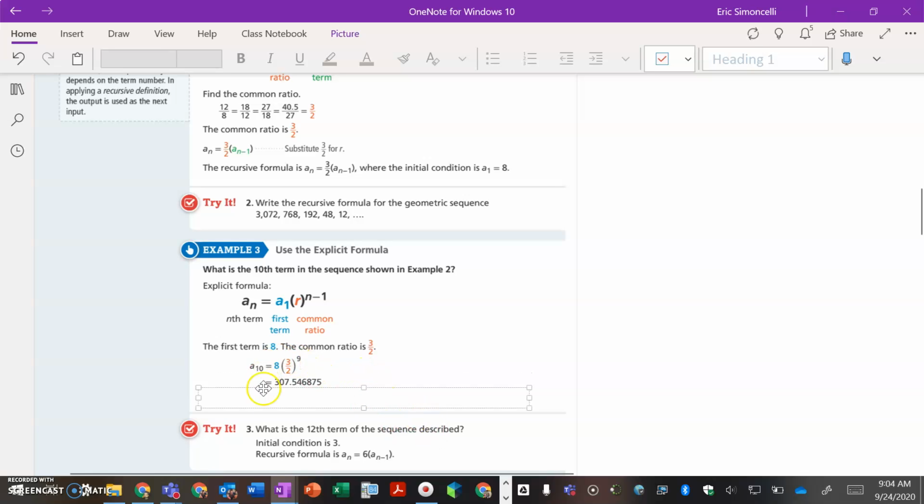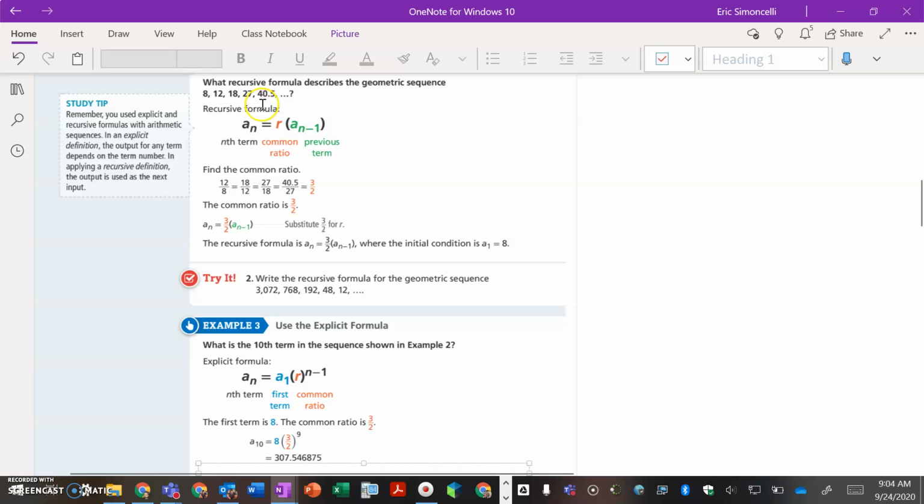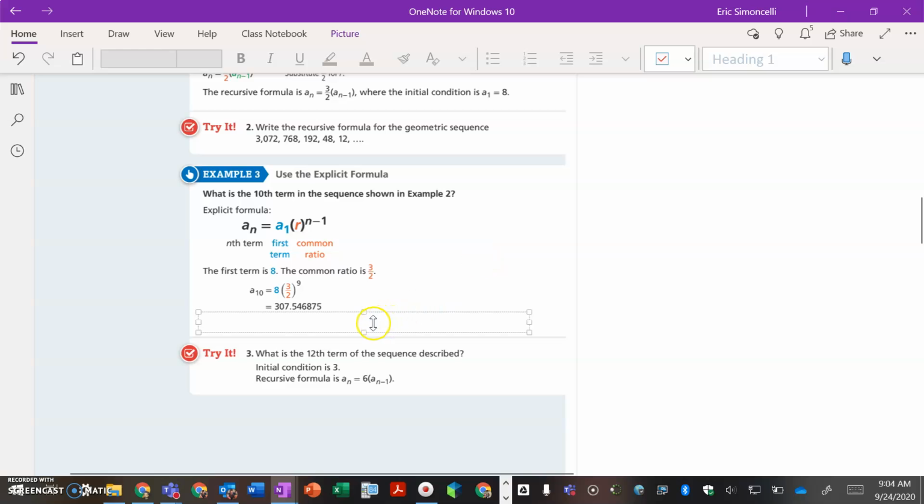I would definitely not suggest that you use the recursive rule, although you could. You could go back to the last example and theoretically take 40.5 multiplied by 3/2, times 3/2, times 3/2, all the way till you get to the 10th term, which does in fact end up being this precise answer.